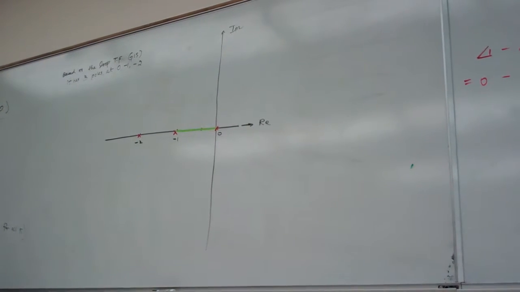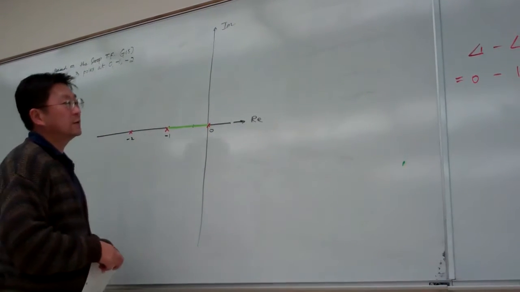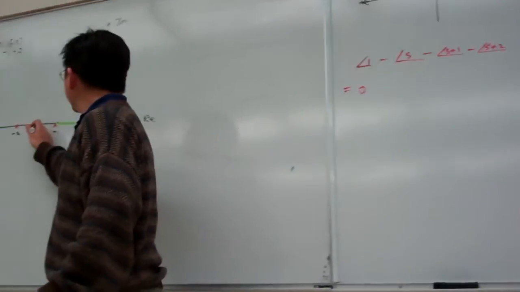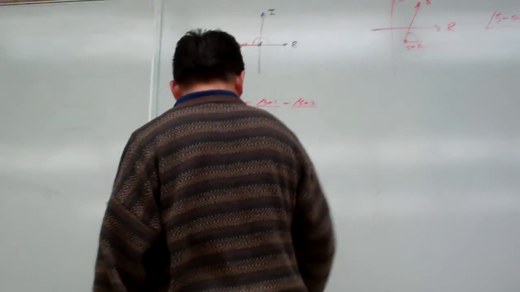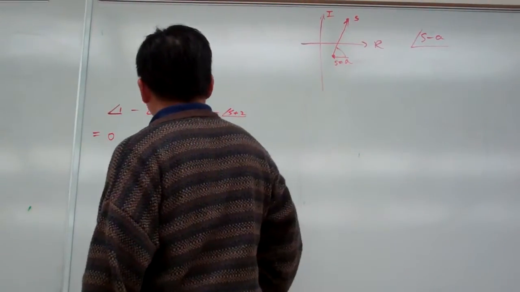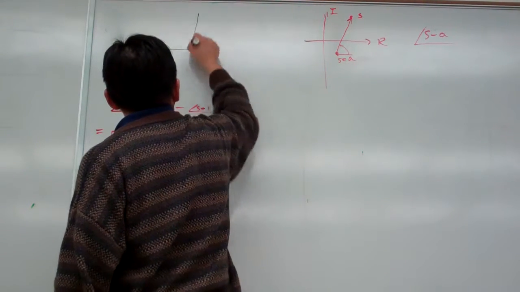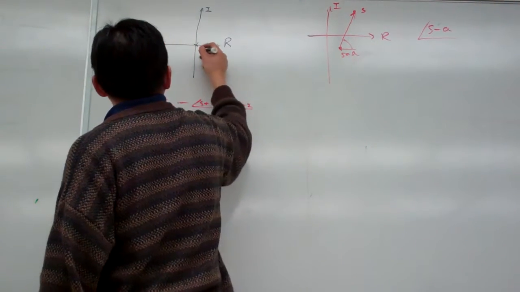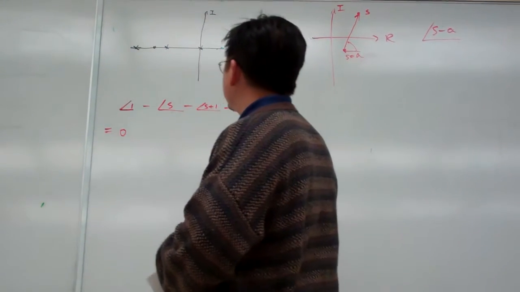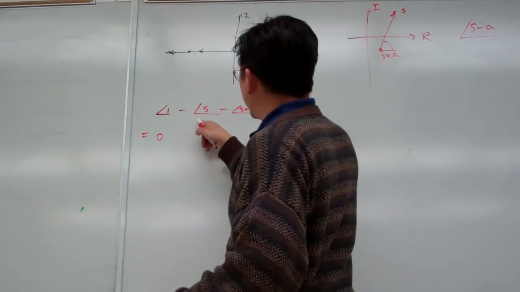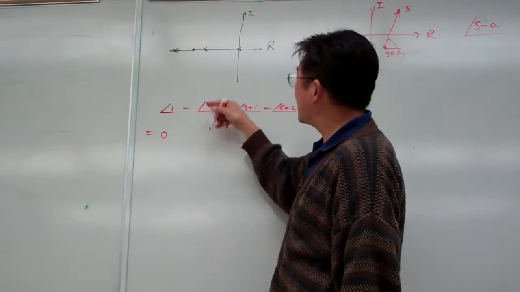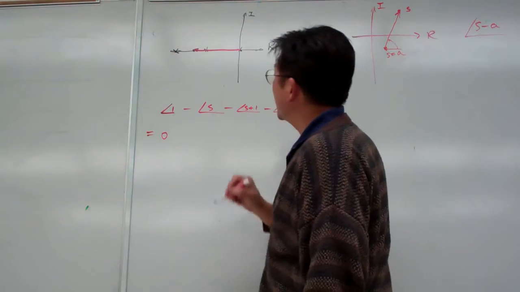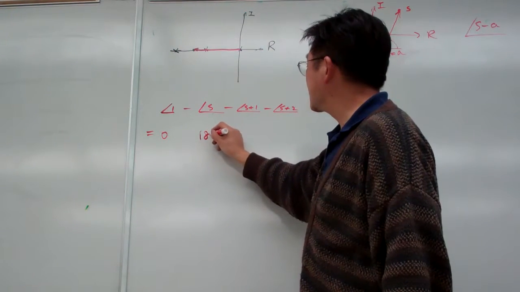Now we move on. Keep trying. Now we move to here. I believe you can quickly do the calculations. Now the point is here. For the first one, we simply take the arrow from here, and this is 180 degrees.